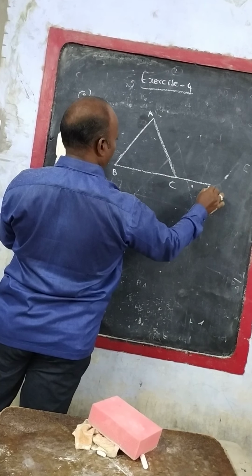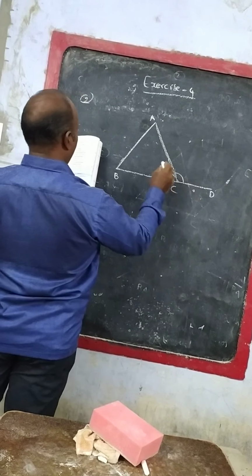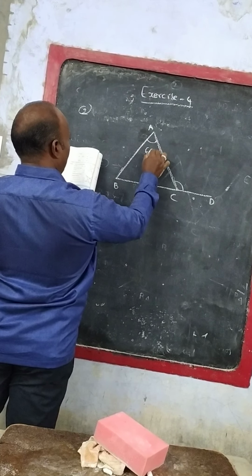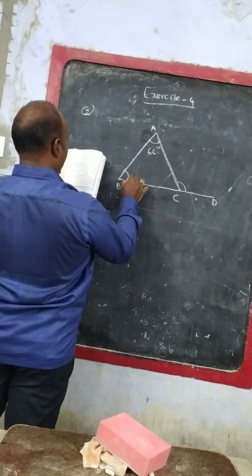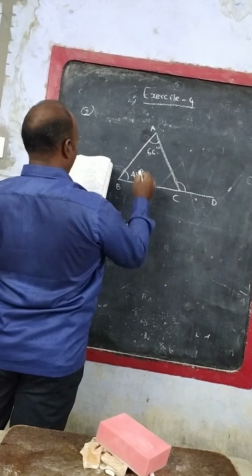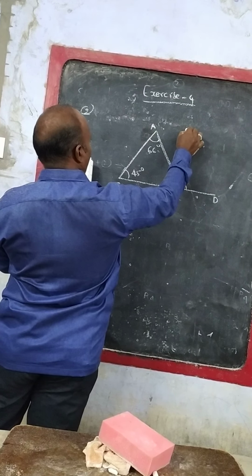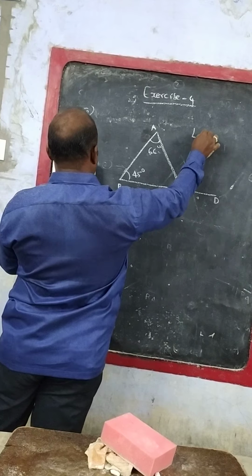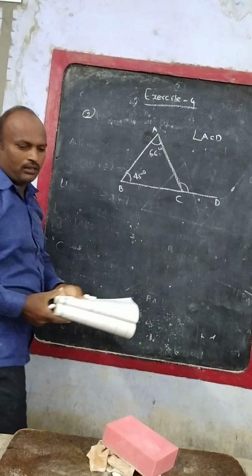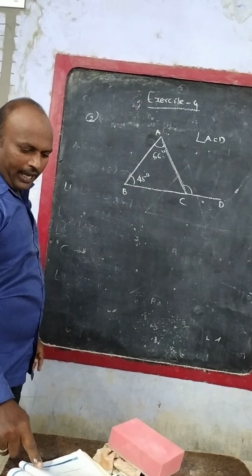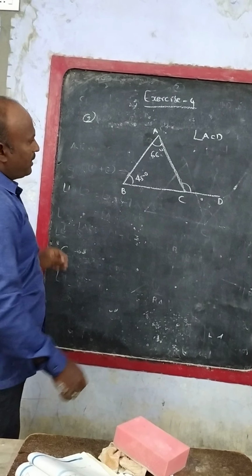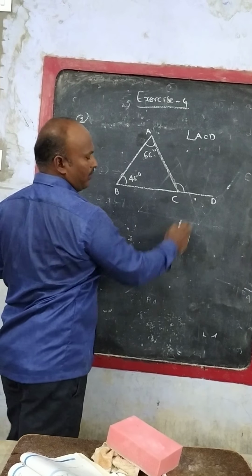Extend BC to D. This is angle ACD. Here angle A is given as 66 degrees, angle B is 45 degrees. In triangle ABC, we have to find angle ACD.